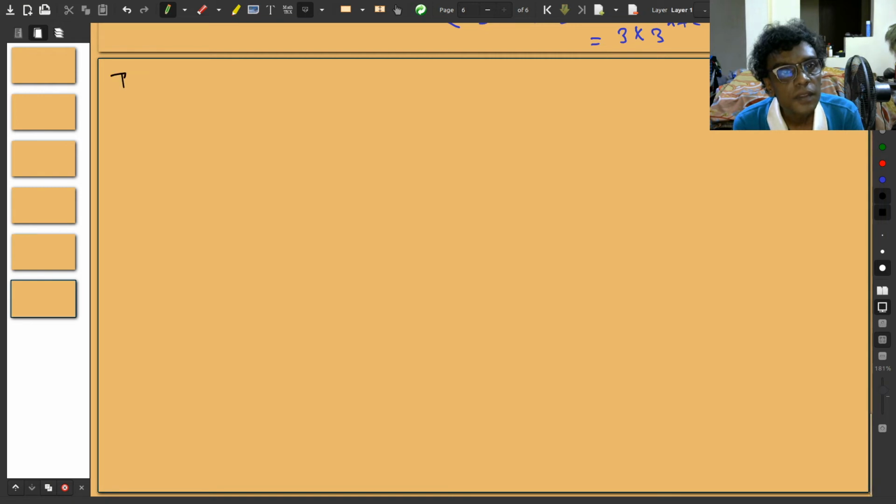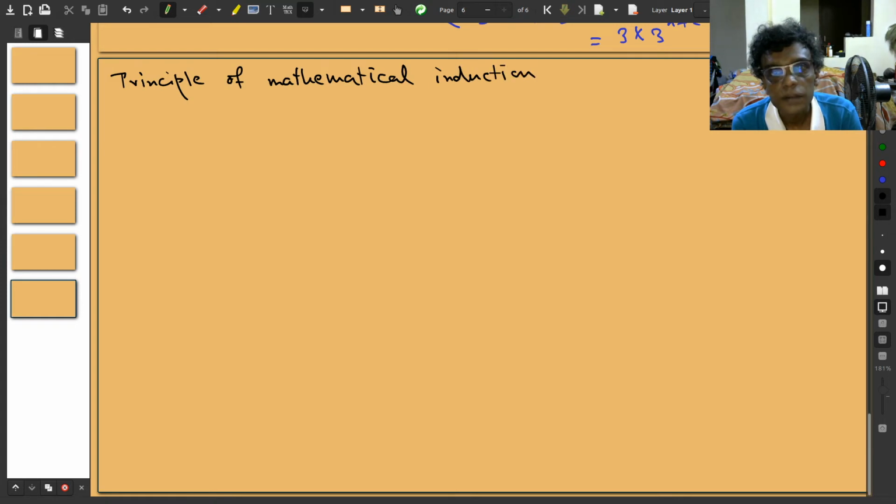So once again, this is the principle of mathematical induction, but now we are talking about a strong form.